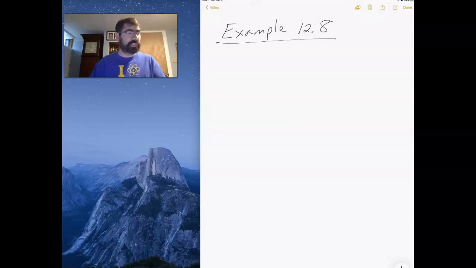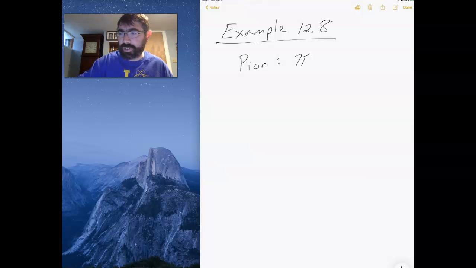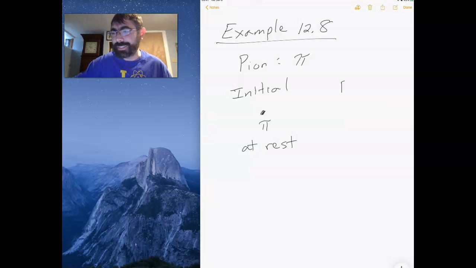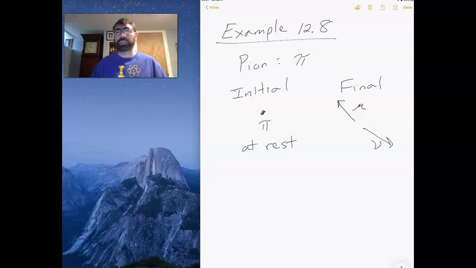So let's take a look at, say, pion decay. The pion is a subatomic particle, which I'm going to call pi, and it's sitting here at rest. So the initial case is our pion at rest, and then spontaneously it decays into a muon and a neutrino particle.